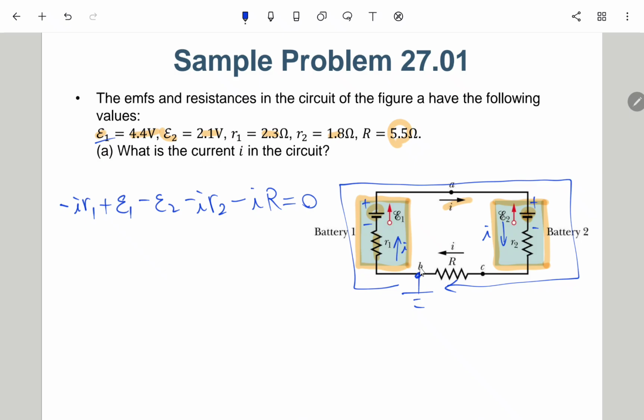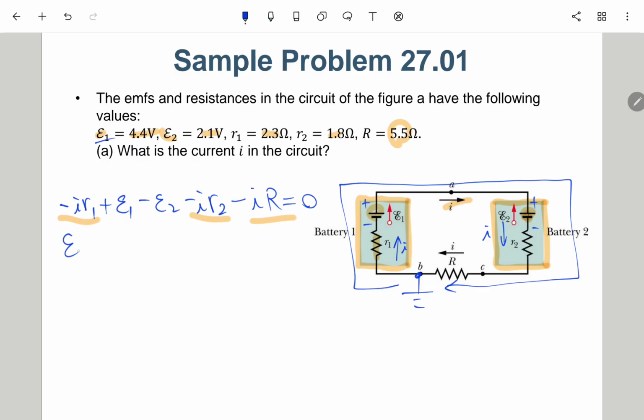So here we have an equation with one unknown, and the unknown is the current I. Let's move the terms to the other side.